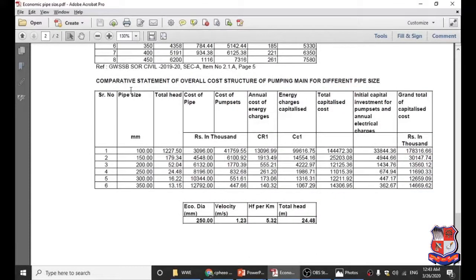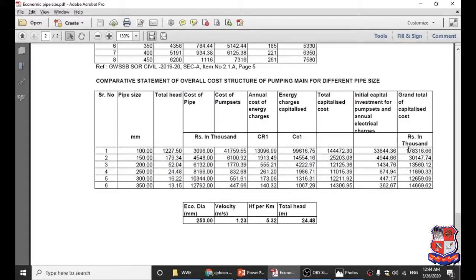And this statement shows a comparative statement of overall cost structure of pumping main for different pipe sizes. So for 100 pipe size to 350 pipe size, what is the total cost of pump set? Then these are the energy charges, and this is the grand total or the capitalized cost.